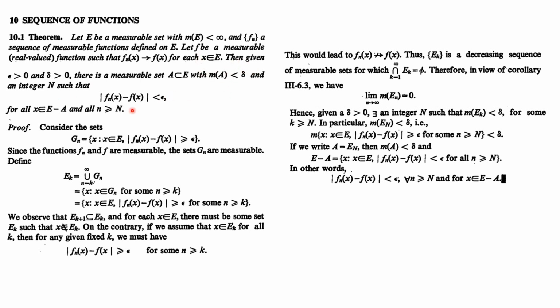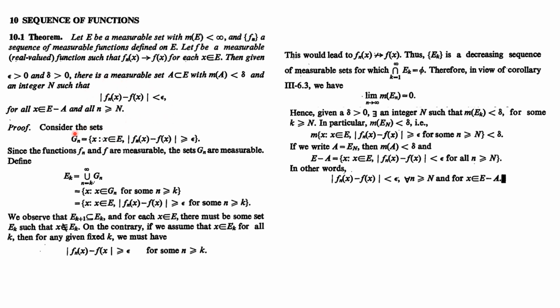So to prove this, we first consider the sets G_n. Now what is the G_n set? It is a set of all those x belonging to E where mod of f_n(x) minus f(x) is greater than or equal to epsilon. So we take the reverse of this and we will show that the measure of this set is 0.